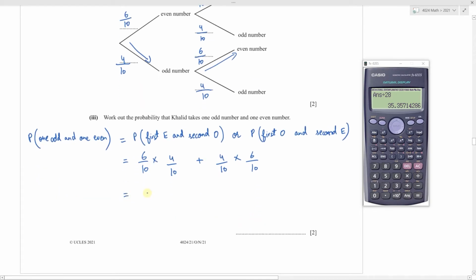So this will be 24 over 100 plus 24 over 100, which is 48 over 100. If I divide by 4, 4 times 12 is 48, 4 times 25 is 100, so 12 over 25 is your probability that if you take out two cards, you will have one odd and one even number.